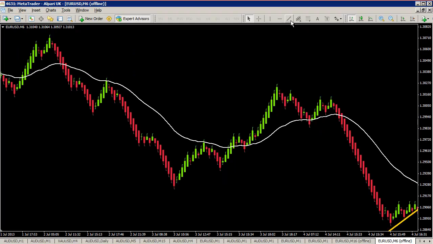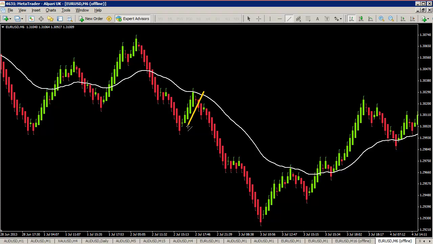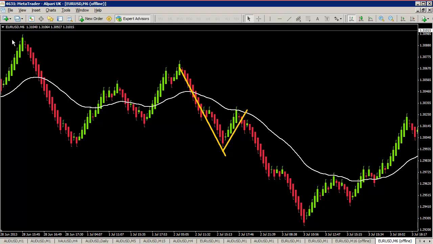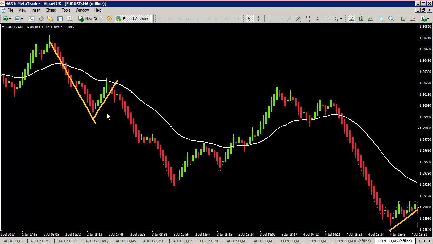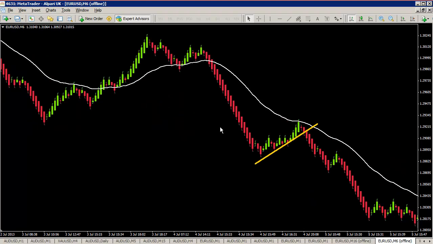You use the M6 chart to look for the entry, and ignore the 4 hourly, the M16 chart, which created this big 1, 2, 3 here, and you would use the M6 1, 2, 3s to enter the trade.